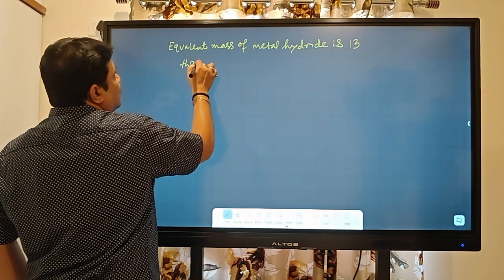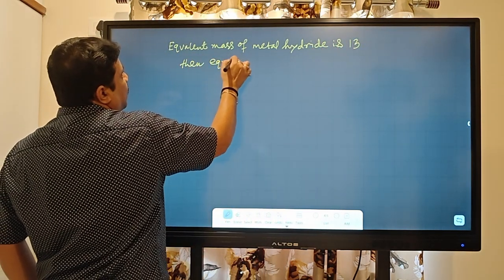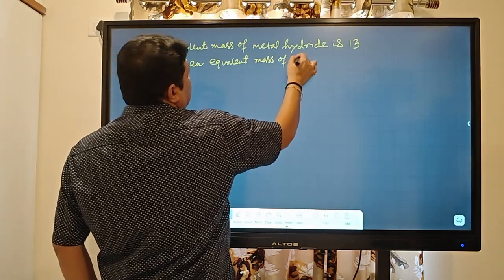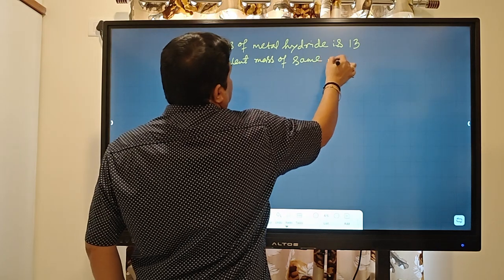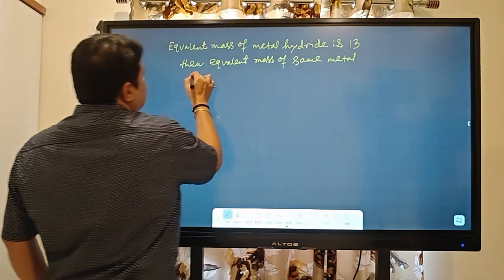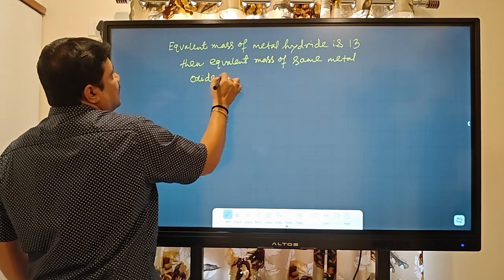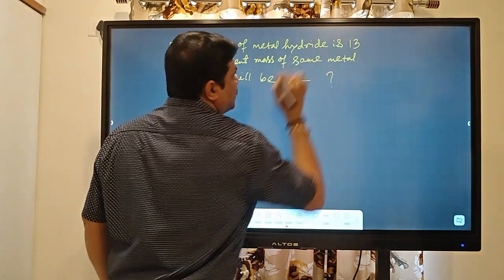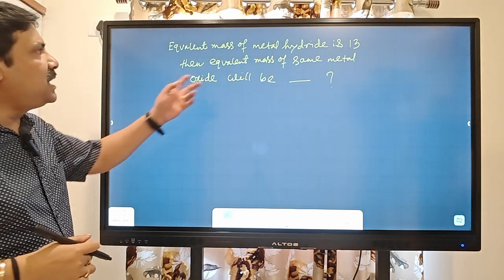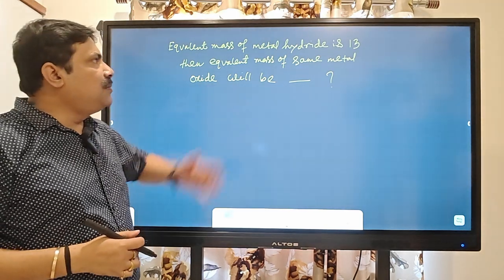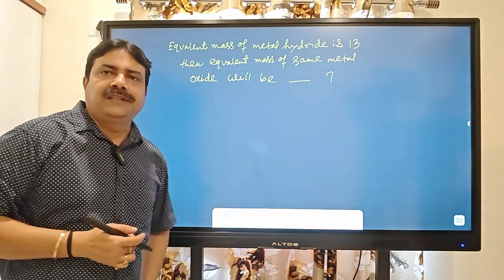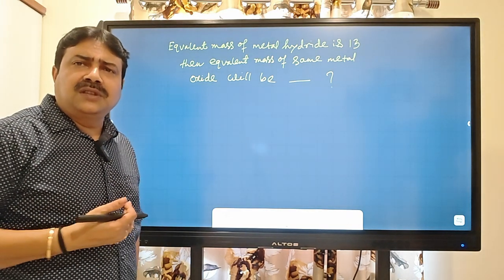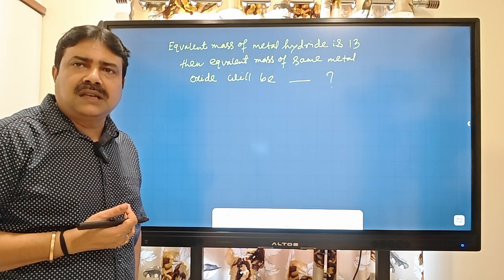Then equivalent mass of same metal oxide will be how much? That is the question. Equivalent mass of metal hydride is 13, then equivalent mass of same metal oxide will be how much? Now, how to do this one? Take one second, think about this. How can I solve this one, sir?